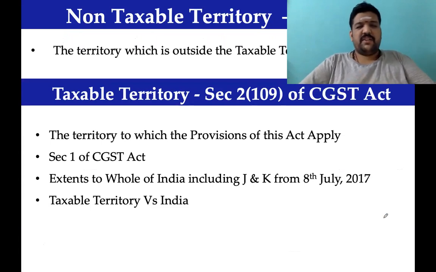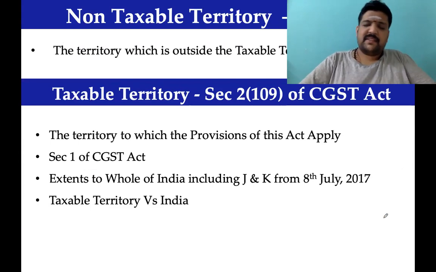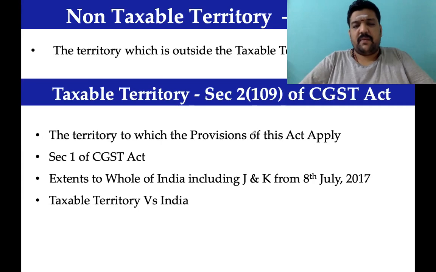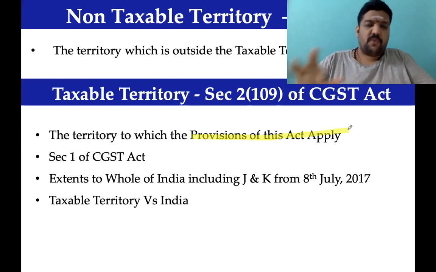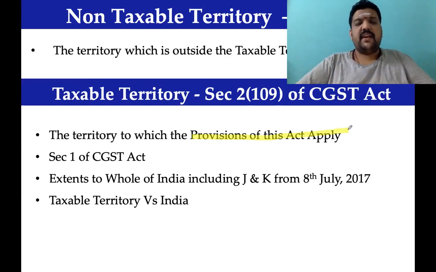A known definition, a very comfortable definition, non-taxable territory, a very simple definition: other than taxable territory. Taxable territory is a territory to which this act applies. Technically, that's all. When you go to section 1, where it is applicable, it applies to whole of India, including Jammu and Kashmir. Is there any difference between taxable territory and India?